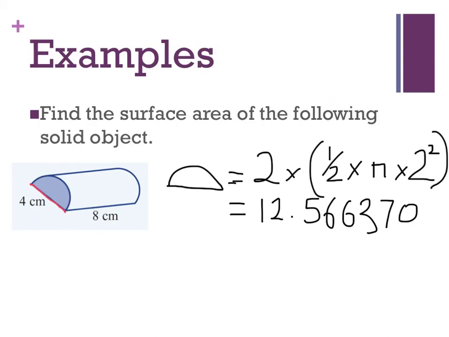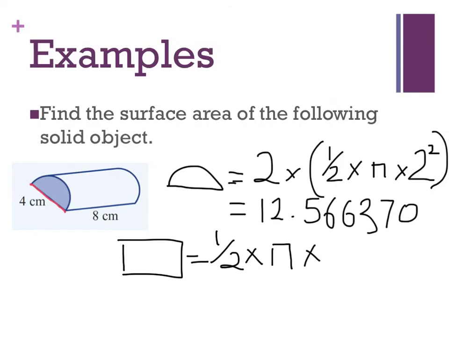I can work out circumference with the formula pi times my diameter. The circumference of this semicircle is going to be half of that, so it'll be half times pi times my diameter. My diameter is 4.